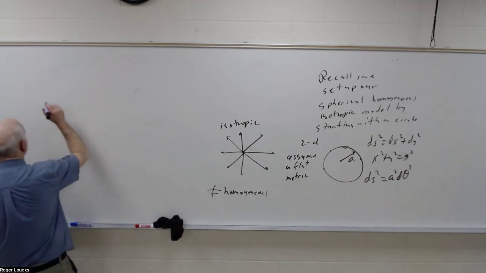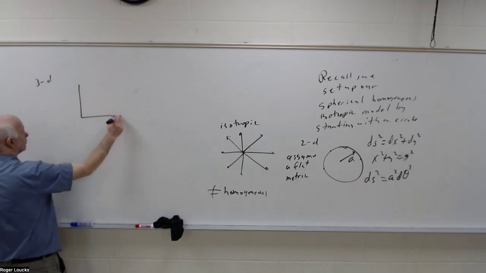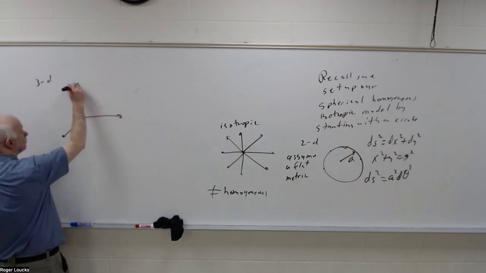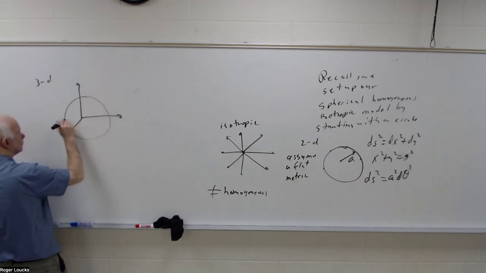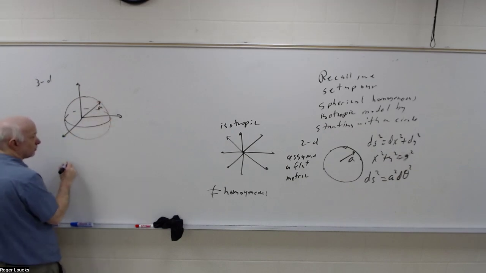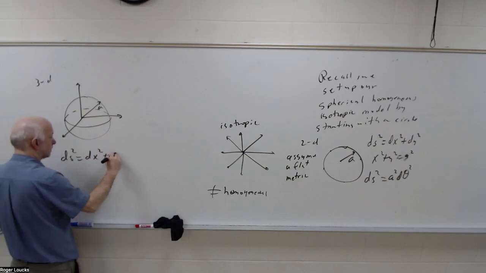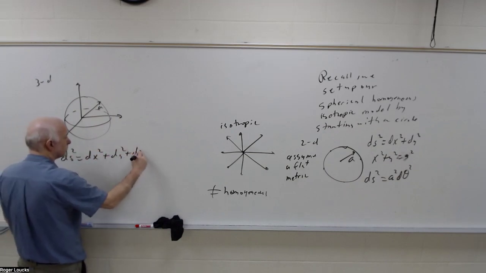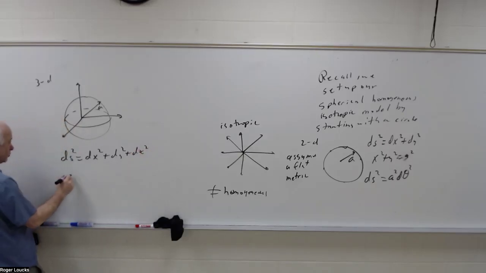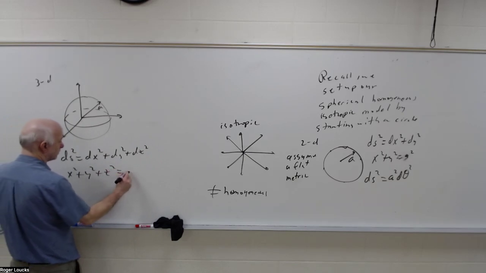And so if we did the 3D case, we'll call this here A. We're going to assume that our ds squared is dx squared plus dy squared plus dz squared. Again, for a sphere, you'd have x squared plus y squared plus z squared equals a squared.